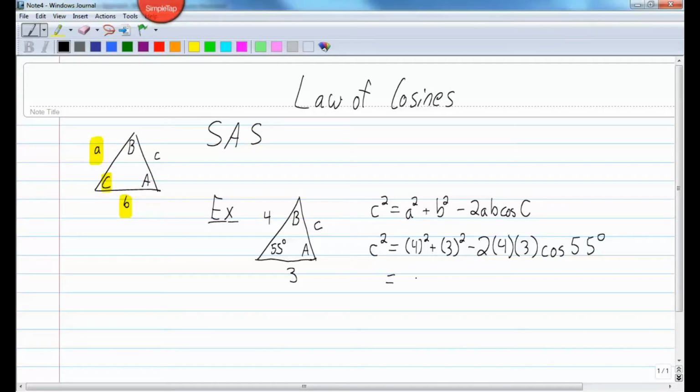So this is equal to 16 plus 9 minus 2 times 4 is 8, times 3 is 24, times the cosine of 55 degrees, or 25 minus 24 times the cosine of 55 degrees. I'm going to have to do that in my calculator.